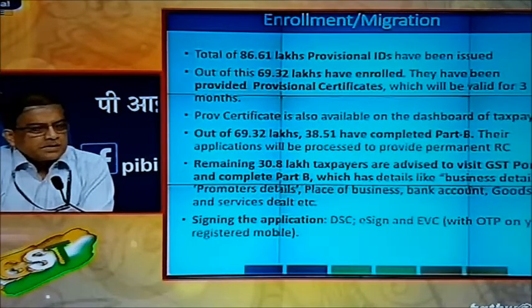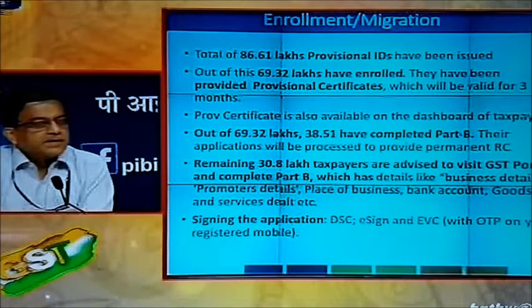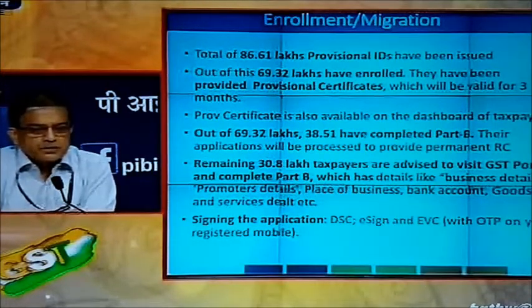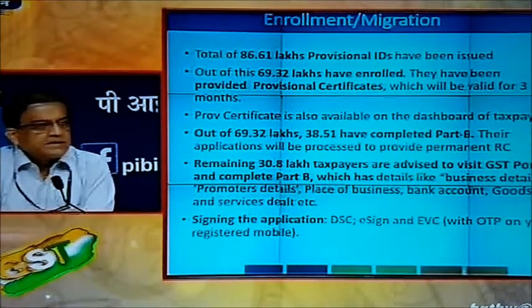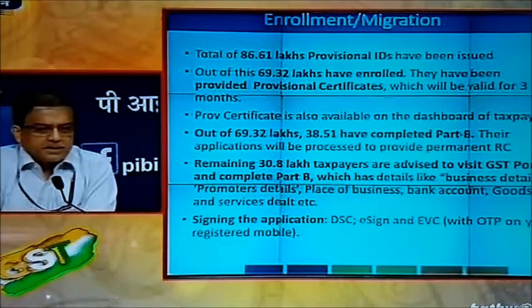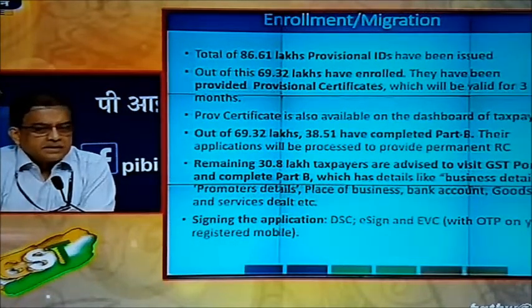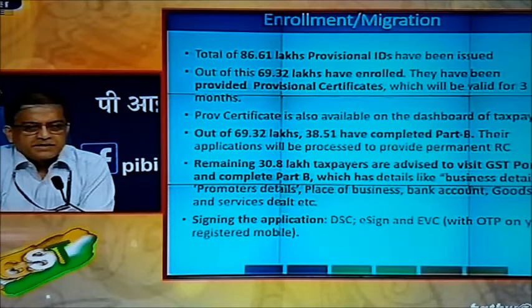Now, till yesterday, a total of 86,61,000 existing taxpayers were issued provisional ID. These provisional IDs are with the tax departments, and they have shared them with the respective taxpayers.